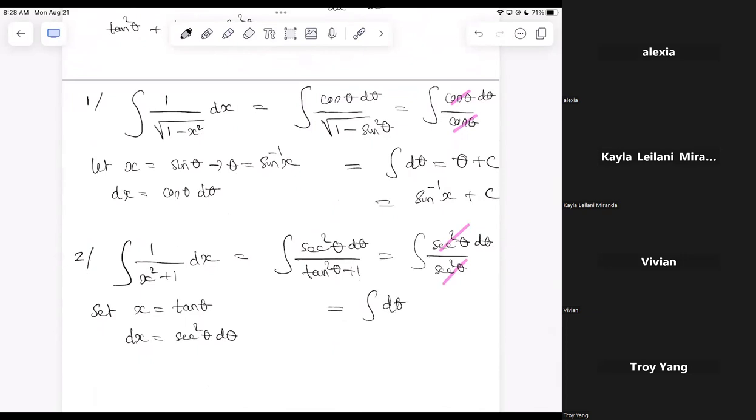So the integral of d theta is just theta plus c. And because I said x equals tangent theta, theta is tangent inverse of x. So that one is just equal to tangent inverse of x plus c.